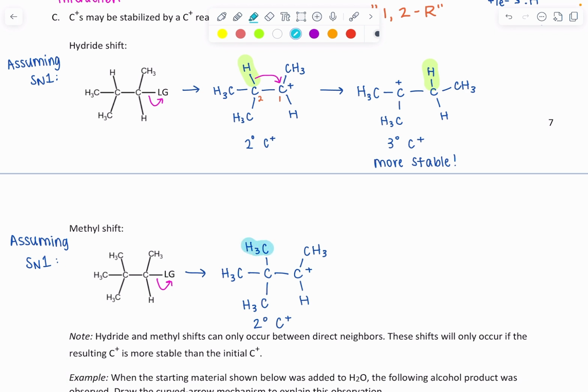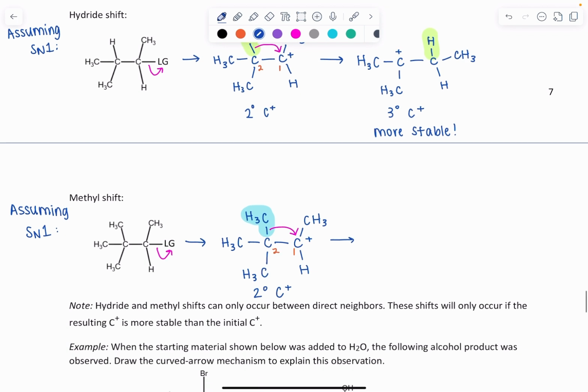So that is a CH3 and its electrons shifting over to where the carbocation is. Again, this is a 1-2 rearrangement to then form a more stable carbocation. So after the methyl shift with that mechanism arrow there, our new carbocation is this one.